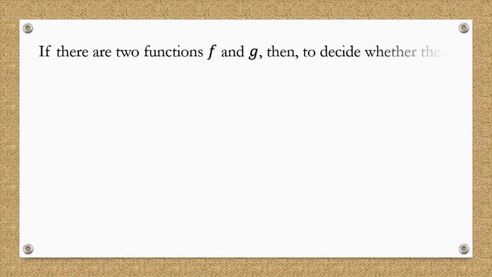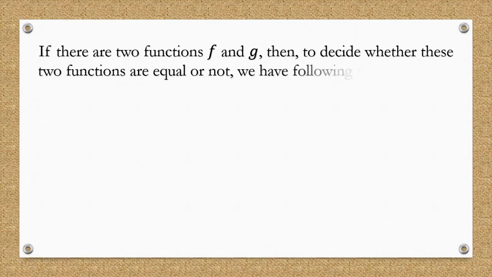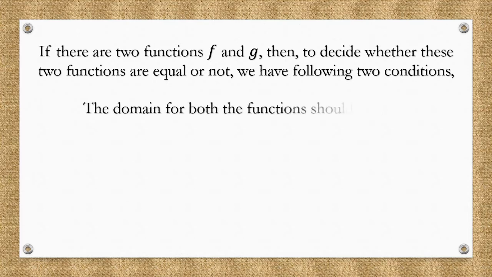What is an equal function? If there are two functions, let's name them f and g, then to decide whether these two functions are equal or not, whether f and g are same or not, we have to follow two conditions. The first condition is that the domain for both the functions should be same.